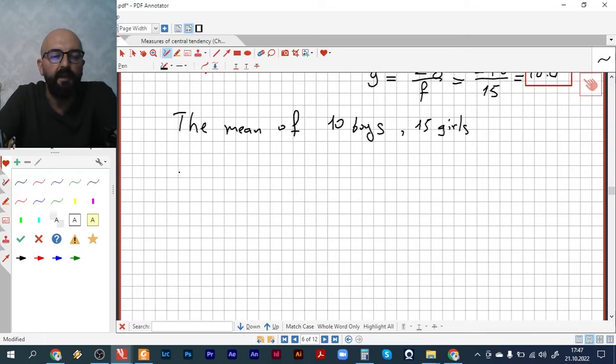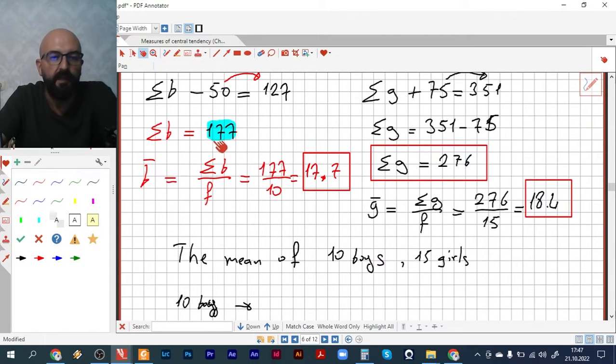Okay. The sum of ages for 10 boys, we found it 177.